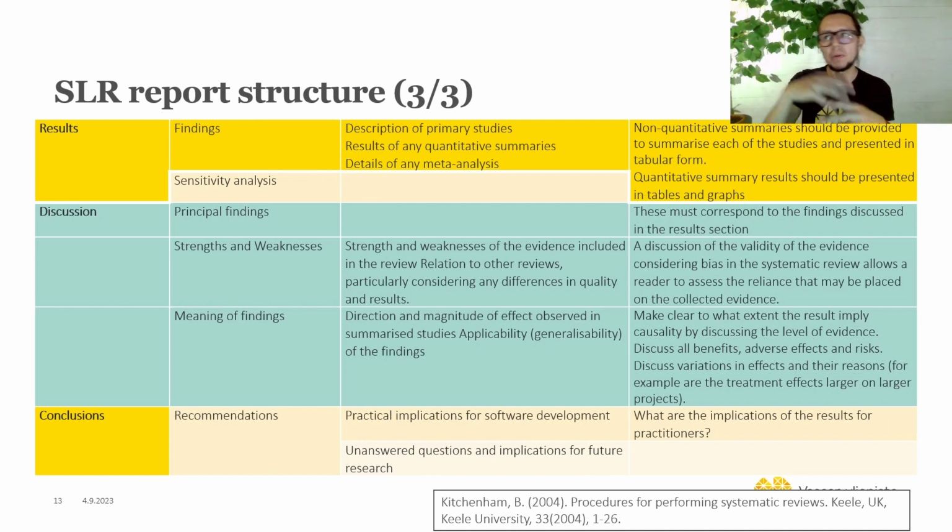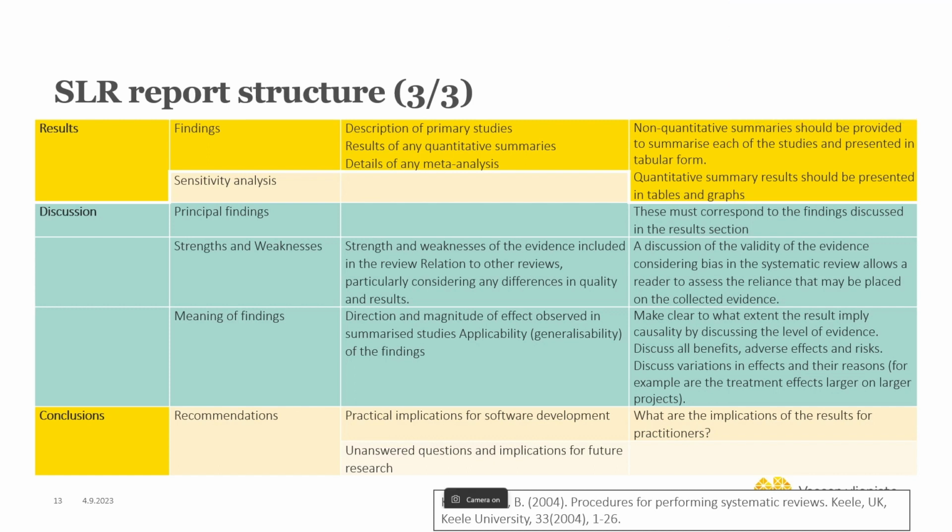Not only summarizing and creating tables of what is done, but also what is missing is really important. And try to summarize the big picture of that specific research question and consolidate those articles. That is the main idea of those processes.